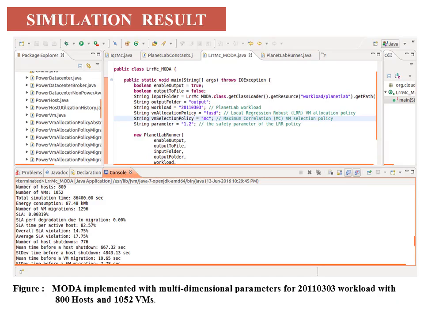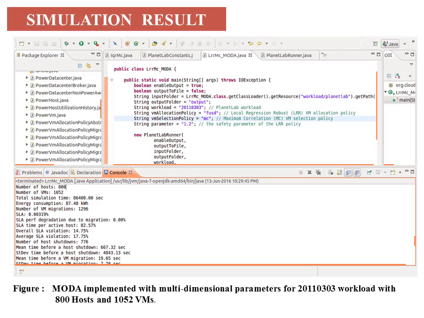So this is the simulation result I got by running this MODA technique, where this multi-objective, multi-dimensional overload detection algorithm is applied to this particular workload with 800 hosts and 1052 VMs.